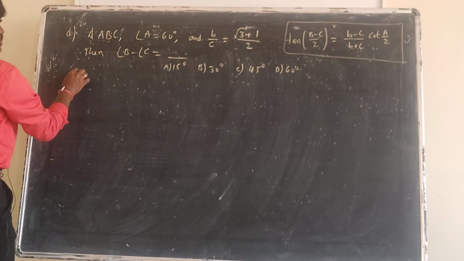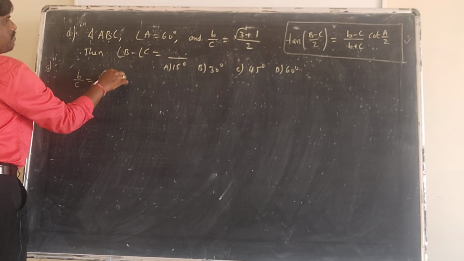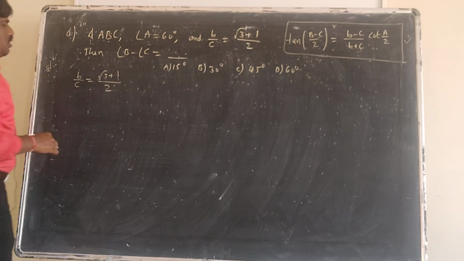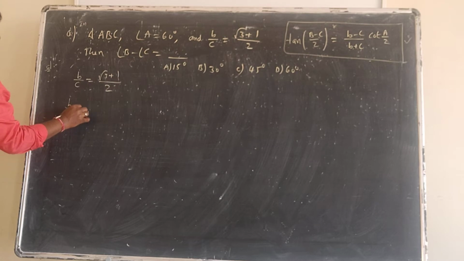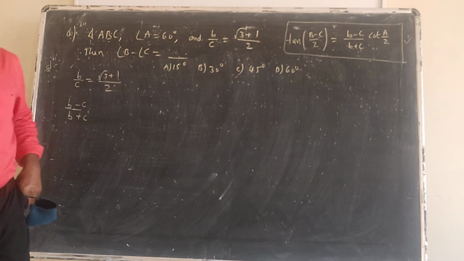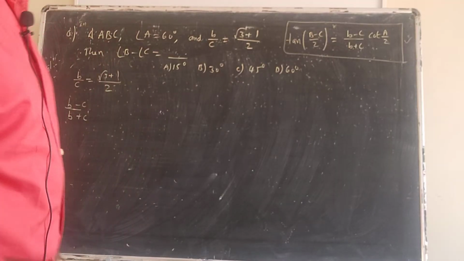The given condition is b by c is equal to (root 3 plus 1) by 2. According to componendo and dividendo, what do we write here? b minus c, b plus c. We add and we subtract, right? You remember, that is called componendo and dividendo.